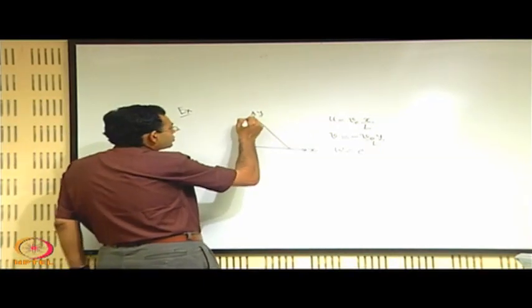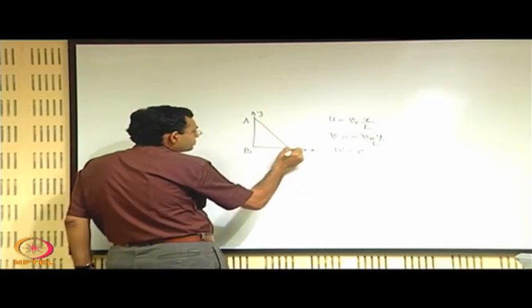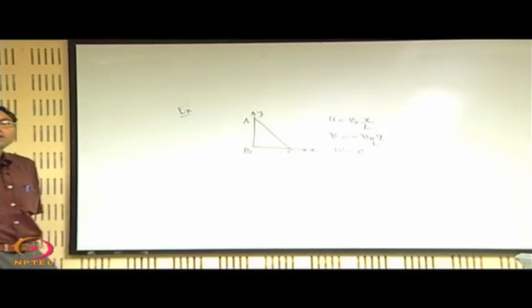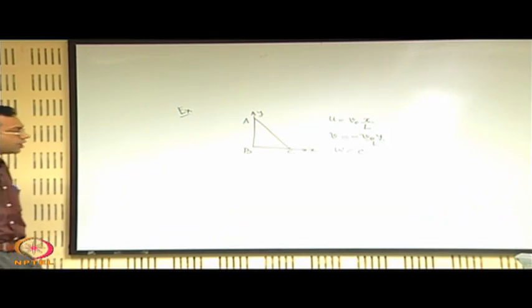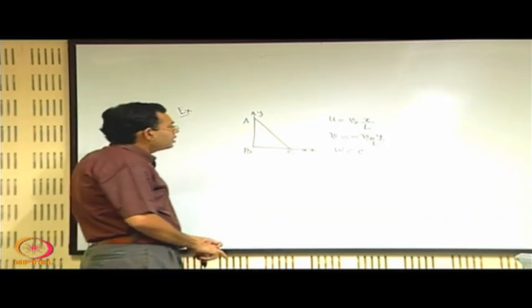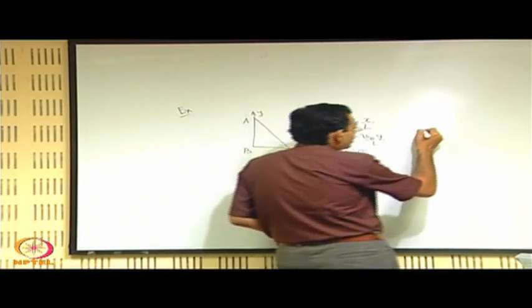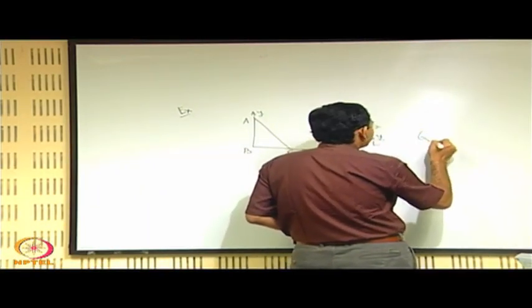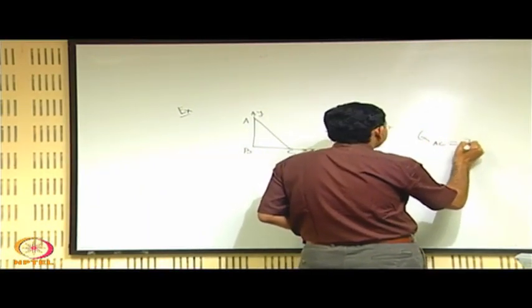Let us give some names to the faces of the elements here. The objective is to find out what is the volume flow rate through AC.